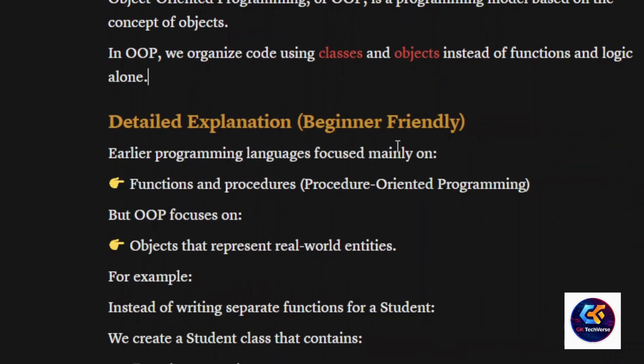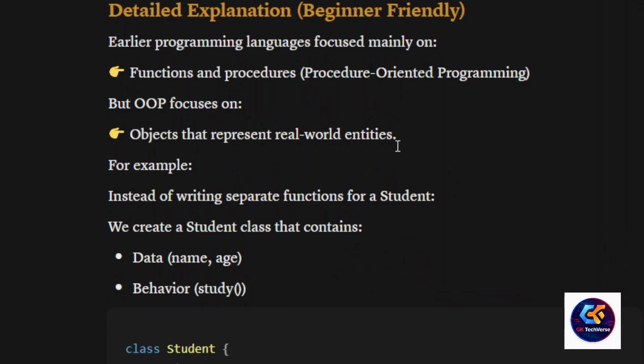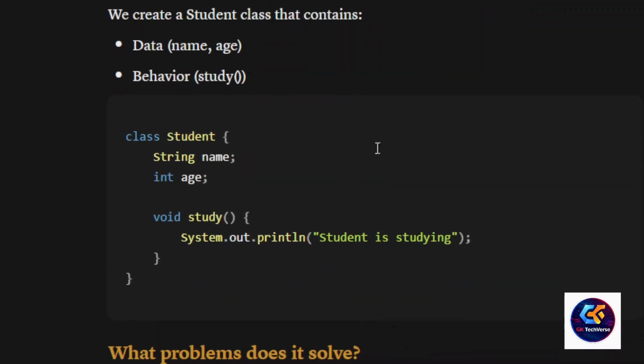If you see the detailed explanation here, earlier programming languages focused mainly on functions and procedures, but OOP focuses on objects that represent real world entities. For example, instead of writing separate functions for a student, we create a student class that contains data and behavior. If you see this example here, we create a class student which will hold the data and behavior.